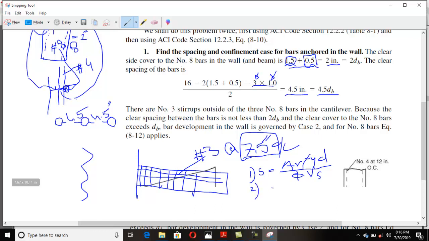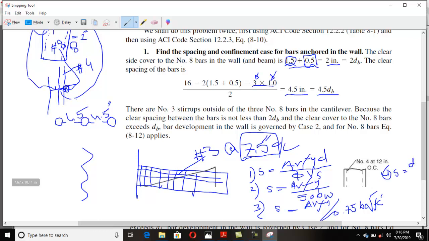Criteria number 2 is S equal to Av Fy over 50 bw, and criteria number 3 is Av Fy divided by 0.75 bw square root of fc prime, and criteria number 4 is d over 2, and criteria number 5 is 24 inches.